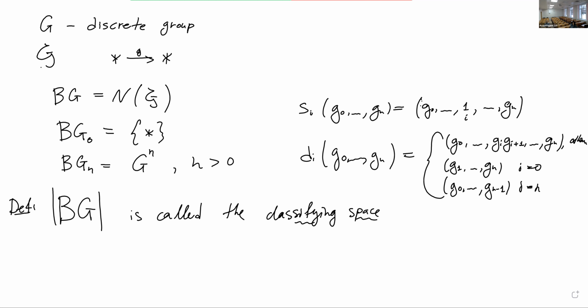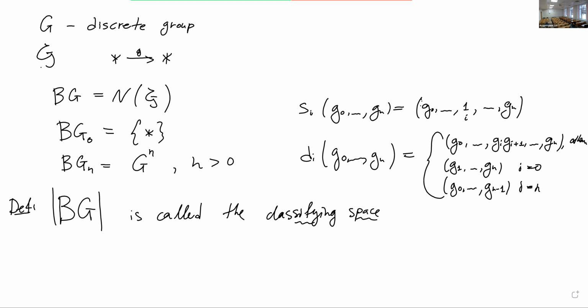I mean, no, this is for our group, but in general, zero simplices are just the objects of the category, and the n-th simplices are collections of n composable arrows. Yes, so tuples of arrows such that the target of each arrow is the source of the next arrow.